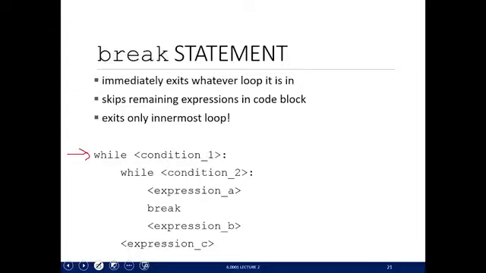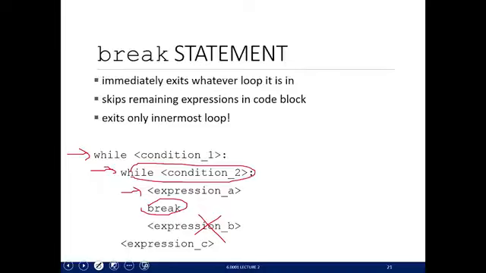So I'm going inside this while. I'm evaluating this one expression, and then I suddenly see a break. Expression B does not get evaluated. And break is going to immediately exit out of the innermost loop that it's in. So this while loop that has condition 2, that's the innermost loop that the break is found in.